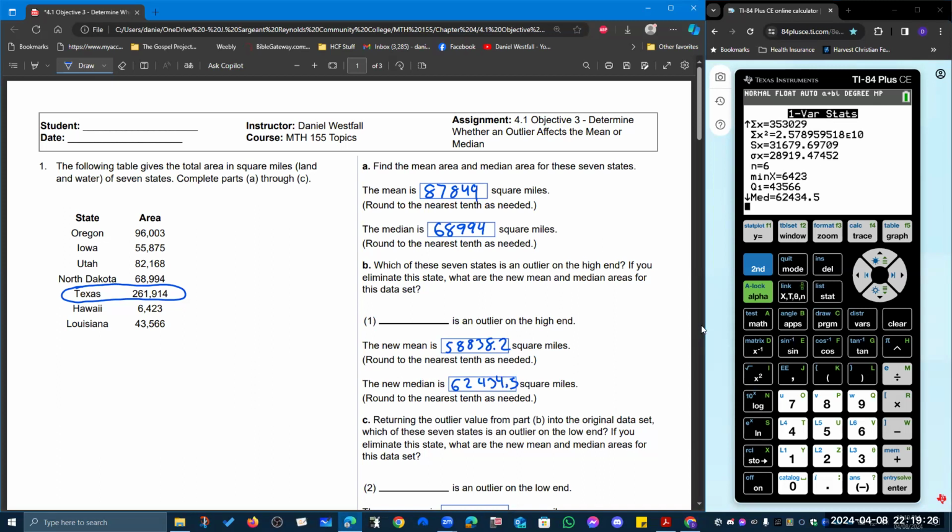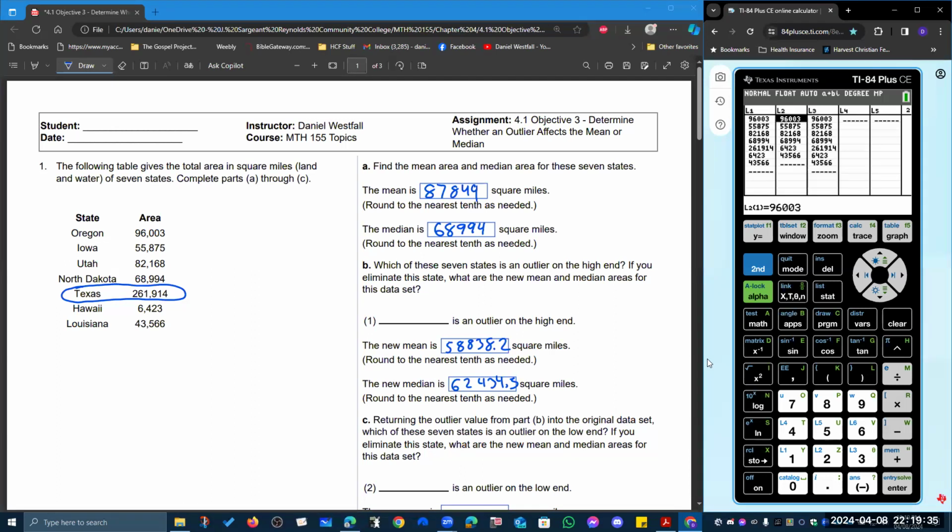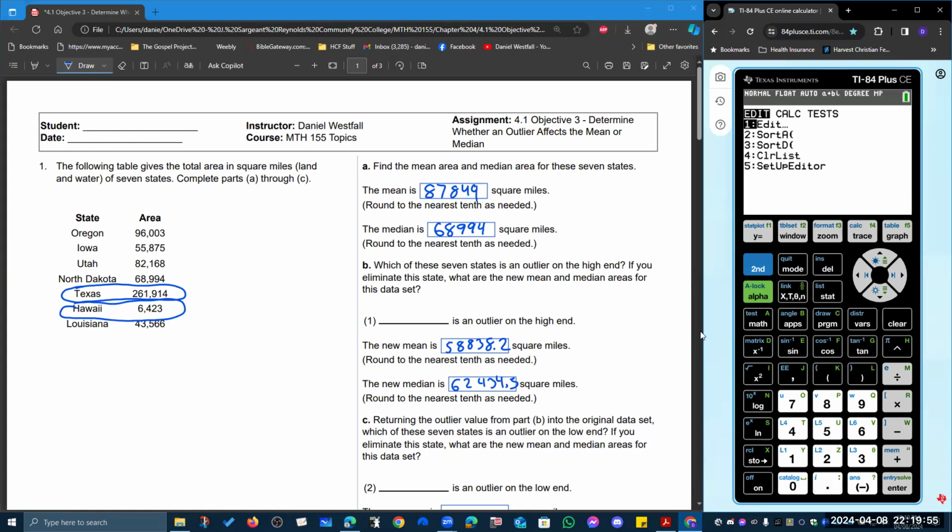And then we're asked to find the outlier on the low side in L3, and that's going to be Hawaii, which is 6,423. So I'm going to come here and just delete that one, and that is now ready for me to calculate one variable statistics on L3.